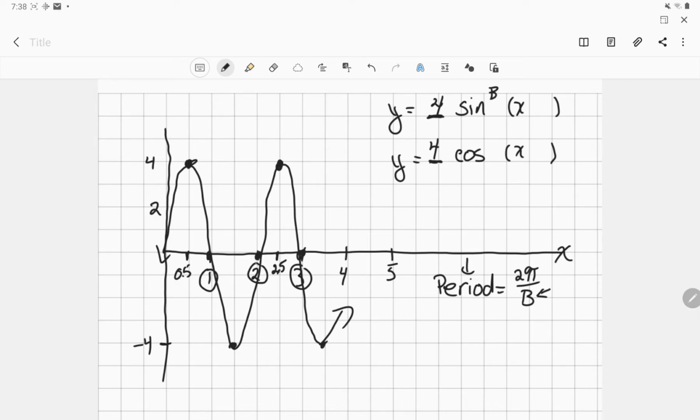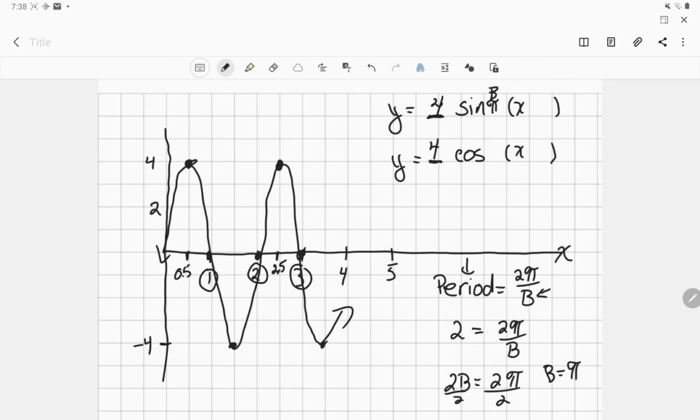So how far is it from 0.5 to 2.5? Well, it is a distance of 2. So my period is 2. So that's equal to 2 pi over b. So 2b would equal 2 pi. Divide both sides by 2, and I get that b is pi.